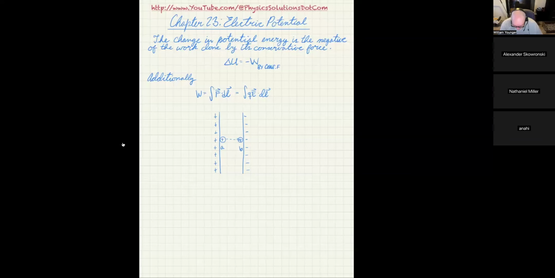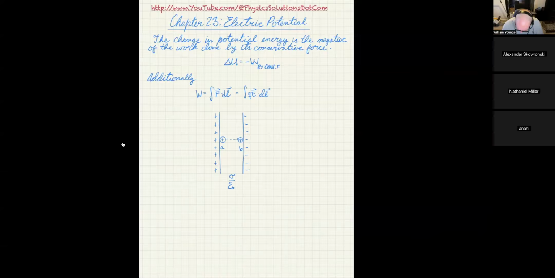And in this case, the actual conservative force, which is Q times the electric field, this electric field is in fact conservative. And not only that, we showed last time that the electric field between the two plates was sigma over epsilon naught, which is a constant. The sigma is the charge per unit area on the positive plate, and the negative of the charge per unit area on the negative plate.